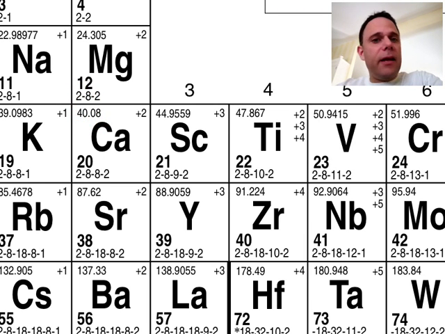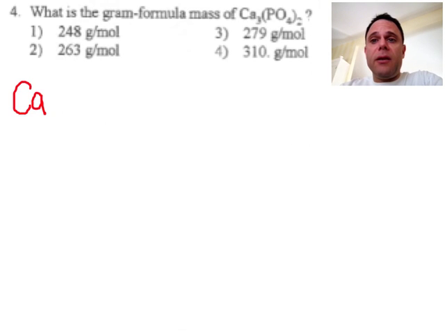40.08 AMUs, but we're talking in the realm of gram formula mass, talking about grams. We must be talking about moles, so it is actually 40.08 grams per mole, and we are going to use that as our number. Well, we'll round it off to 40. Okay, 40 grams per mole.